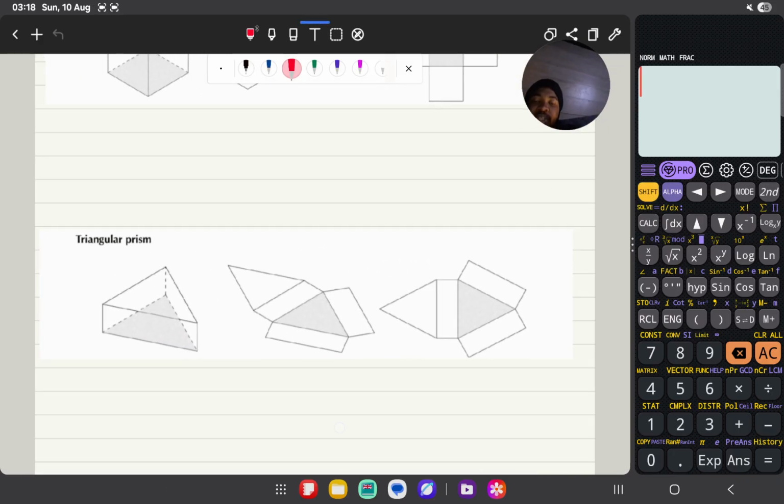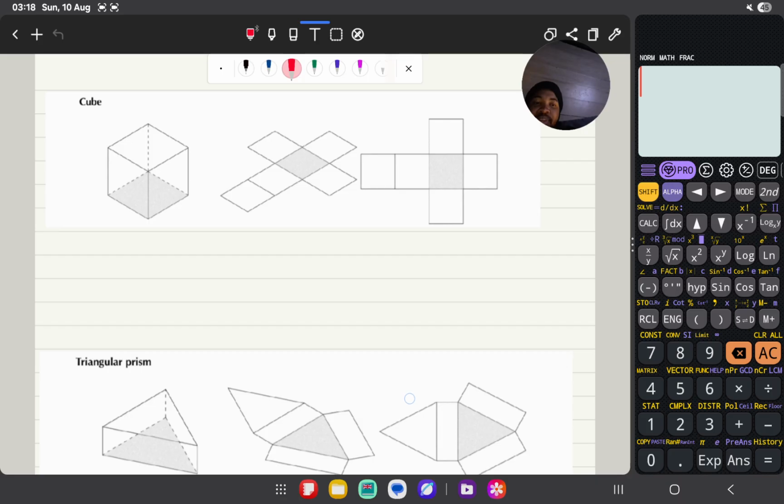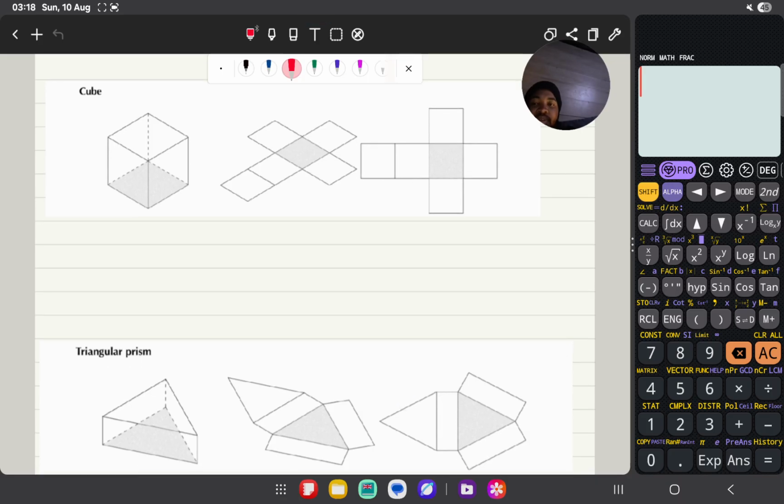Let's move on. And we have the cube here, right? With the cube, the total surface area is going to be literally 6s squared. The reason I'm saying that is every side is equal here and you have 6 of them, so it's the area of 6 squares with size s.